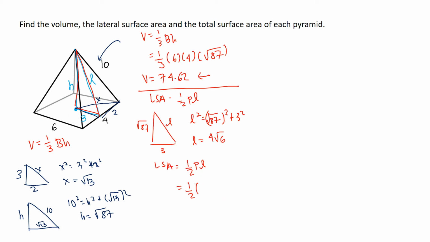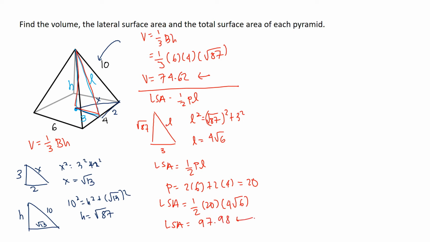The perimeter is just 2 times 6 plus 2 times 4, which is 12 plus 8, that is 20. So the lateral surface area is 1/2 times 20 times 4 square root of 6. That is 97.98. This is your answer.